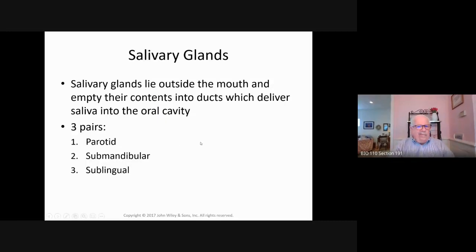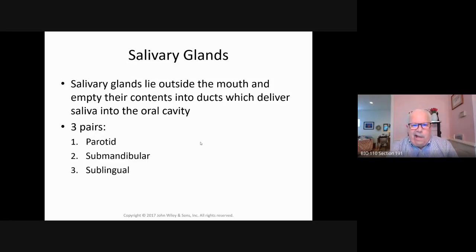You also have salivary glands. Salivary glands are in your mouth. Mechanical digestion starts in the mouth. Chemical digestion starts in the mouth.